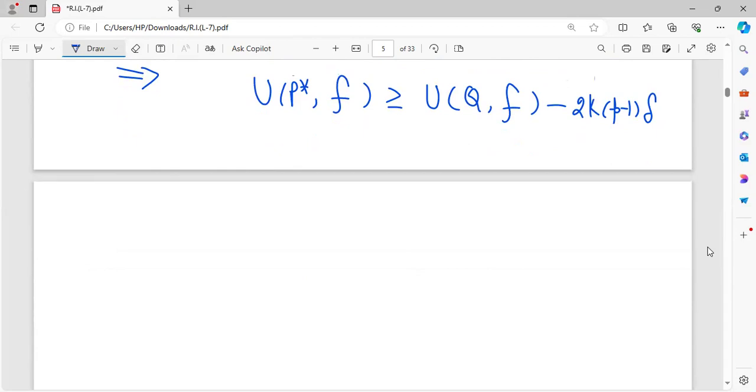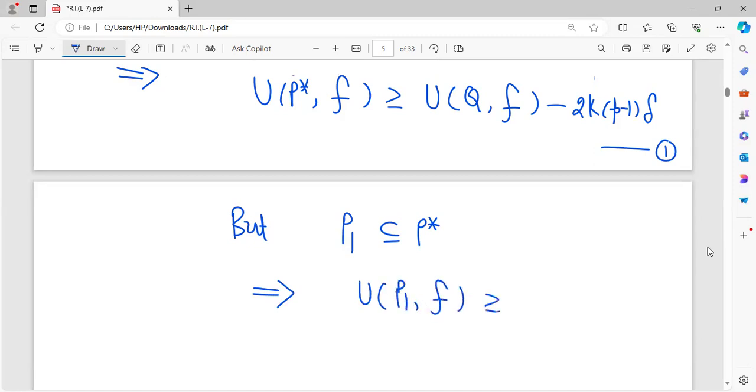So let's say it's equation number 1. But P1 is containing P star, because P star is the union of Q and P1. So this implies U(P1, f) is greater than U(P star, f).